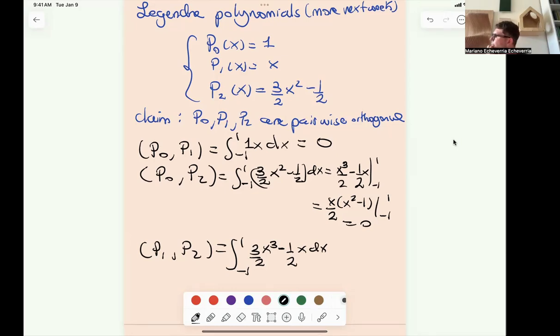And because every term is odd, it gives you 0 for easier reasons as well. Is that making sense, the calculations? Any questions up to this point?